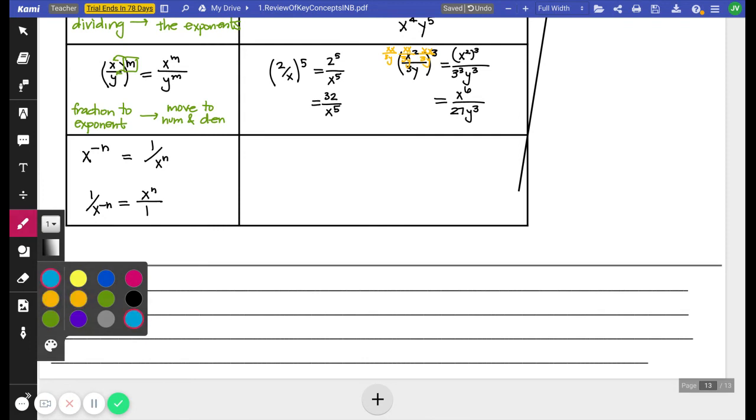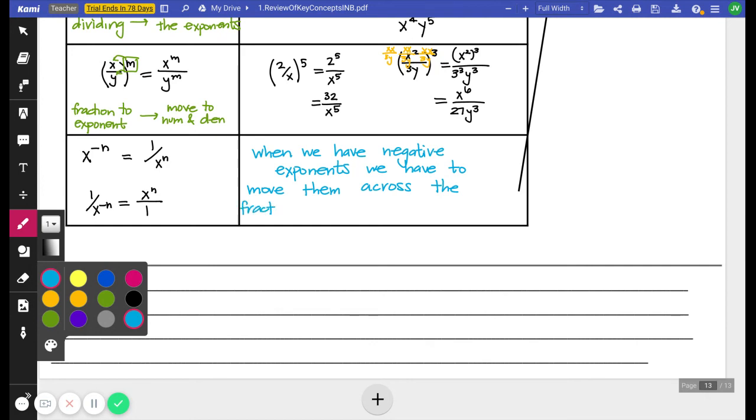I'm going to use this space over here to write that a little bit more. When we have negative exponents, we have to move them across the fraction bar to make them positive.